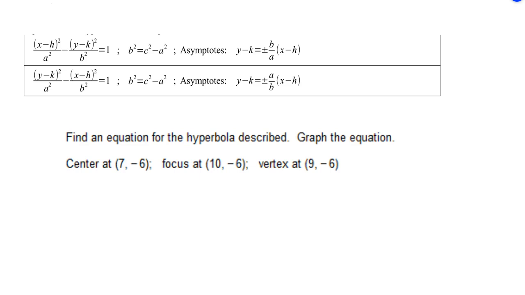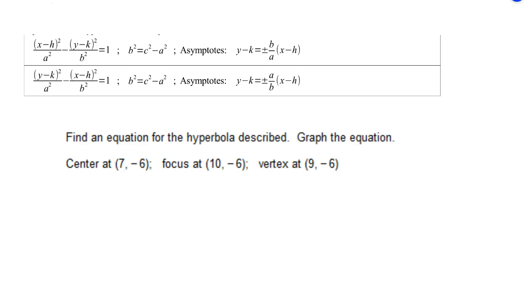The major difference between these two equations is that the first one has the x term being positive and the second one has the y term being positive. So whichever one is positive is going to help you determine that orientation. Because the x term is positive on this first equation, this is the equation for the horizontal orientation. And when the y term is positive, that's our vertical orientation.